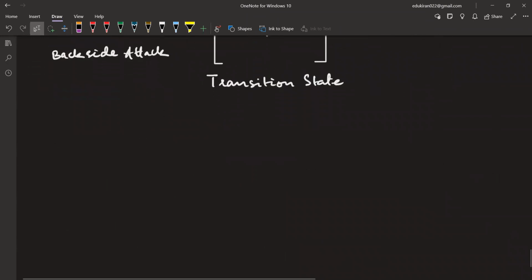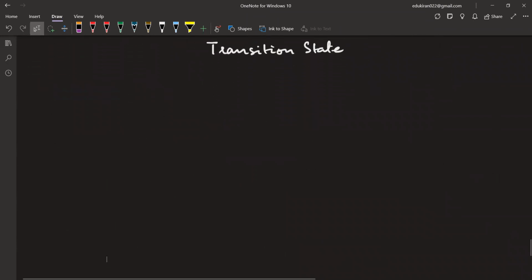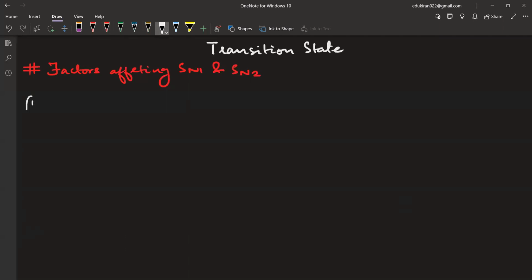Now we will look at the factors affecting SN1 and SN2. The first factor we will look at is the nature of substrate, that is your RX.